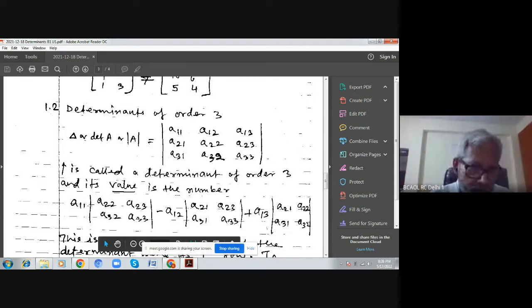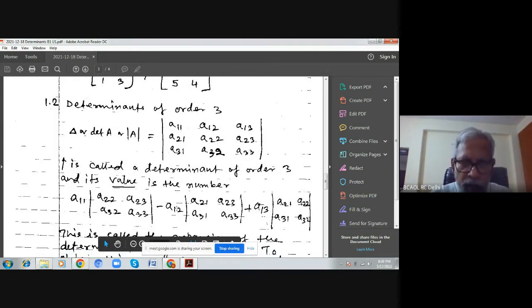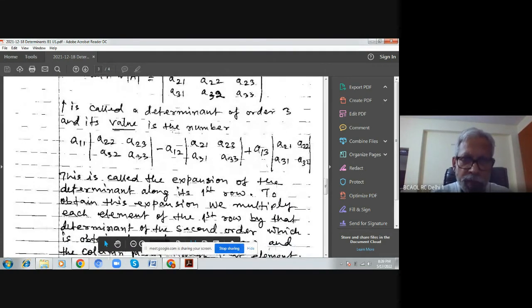And another thing you have to remember, it should be plus, then minus, then plus. That's all. So if the minus sign is here, definitely the sign will be changed because of the sign things. That you have to be careful about. In this case, there is no sign change.